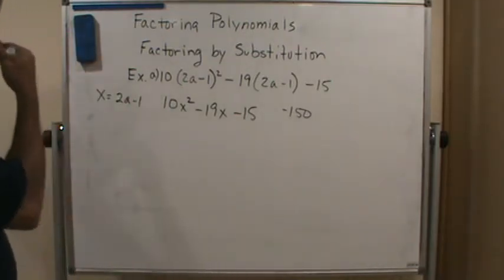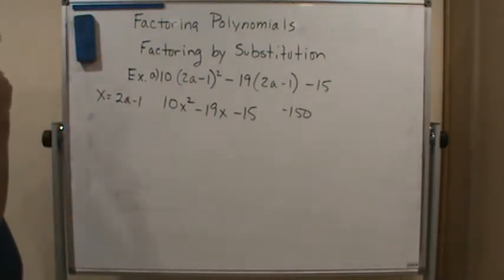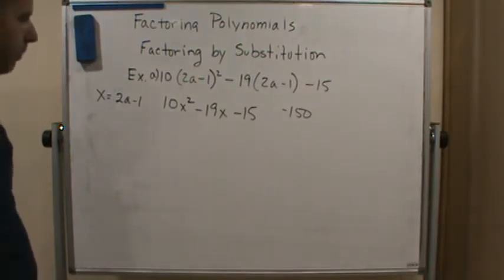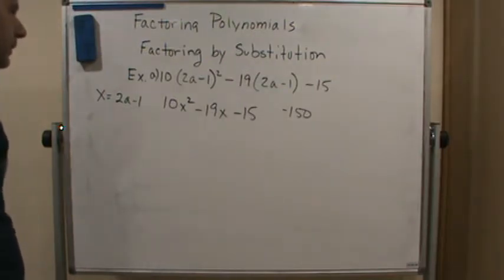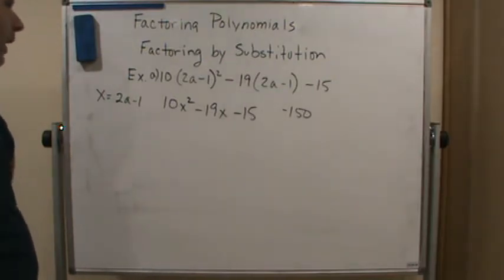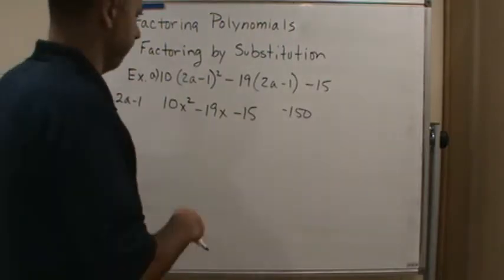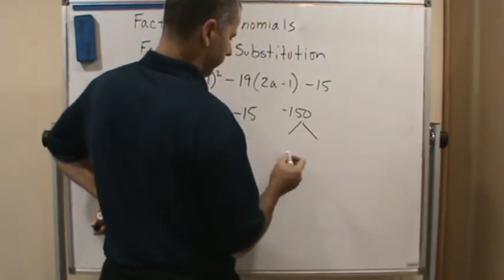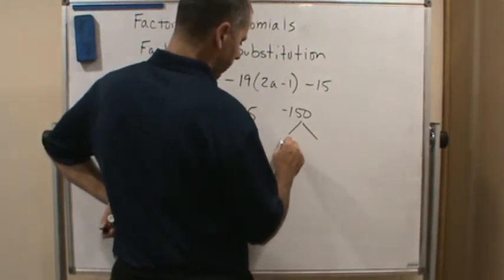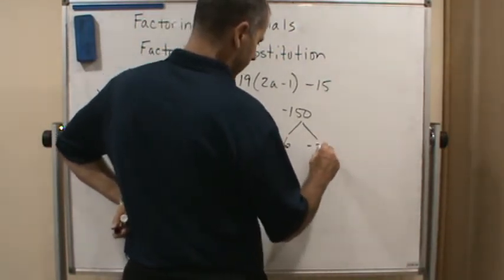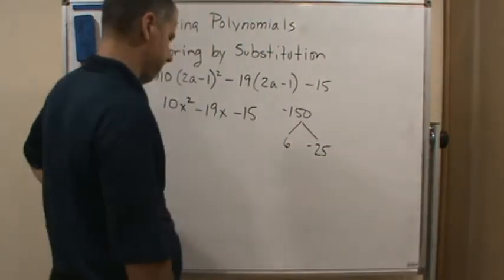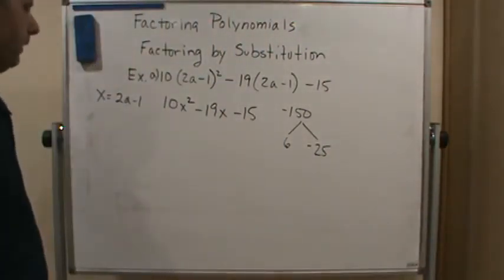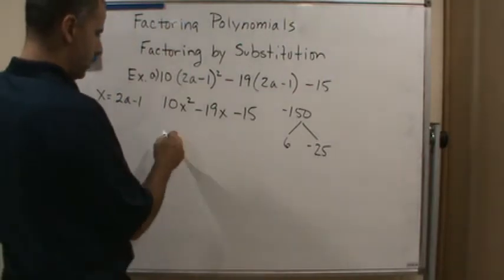Well, let's see here. Let's see. 6 and 25. So 6 and negative 25. That will do it.